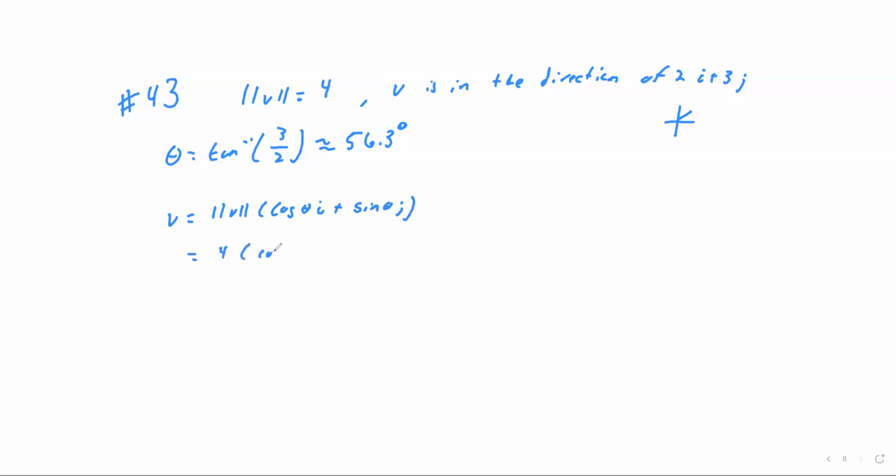This is 4 times cosine of 56.3 i plus sine of 56.3 j. So I'm going to apply the 4 to both of these. So this is 4 cosine of 56.3 i plus 4 sine of 56.3 j.